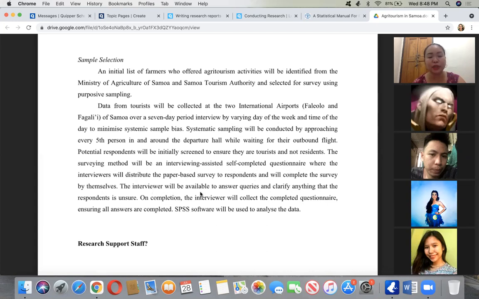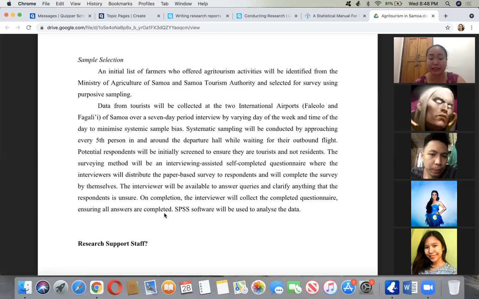And the interviewer will be available to answer queries and clarify anything that the respondents are unsure of. On conclusion, the interviewer will collect the completed questionnaire, ensuring all answers are completed.